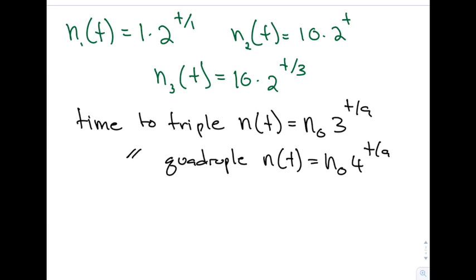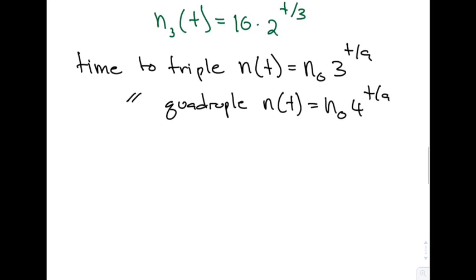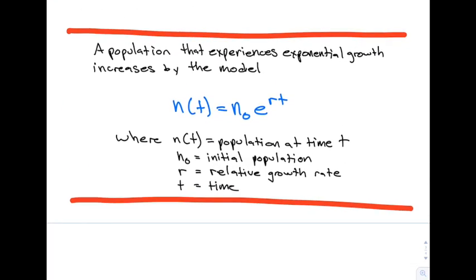If we use the base e, in this case, we don't really have a time to double. Instead, we use a relative growth rate that we call r. So in this case, we'll have this situation. A population that experiences exponential growth increases by the model n of t equals n naught e to the rt, where n of t is the population at time t, n naught is the initial population, r is the relative growth rate, and t is time.